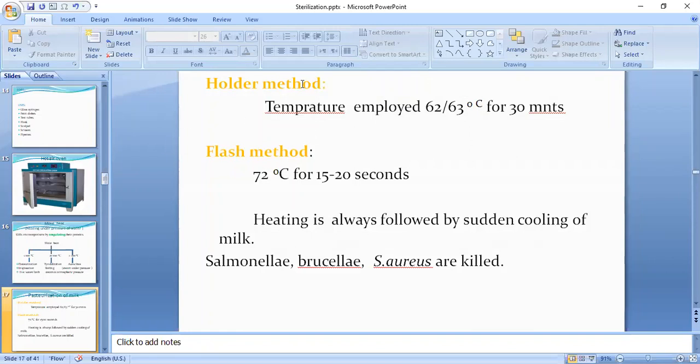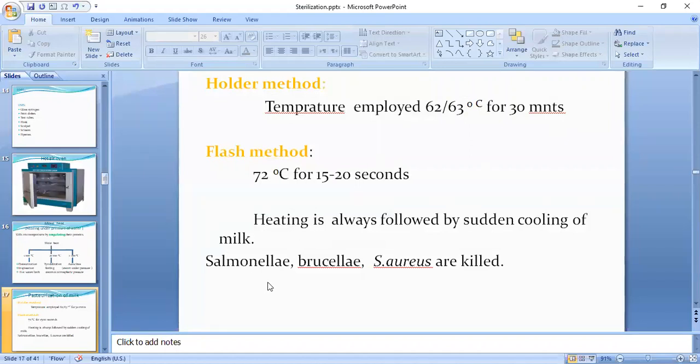This is the difference between these two methods. Here the time is 15 to 20 seconds, while in the Holder method the time was 30 minutes.